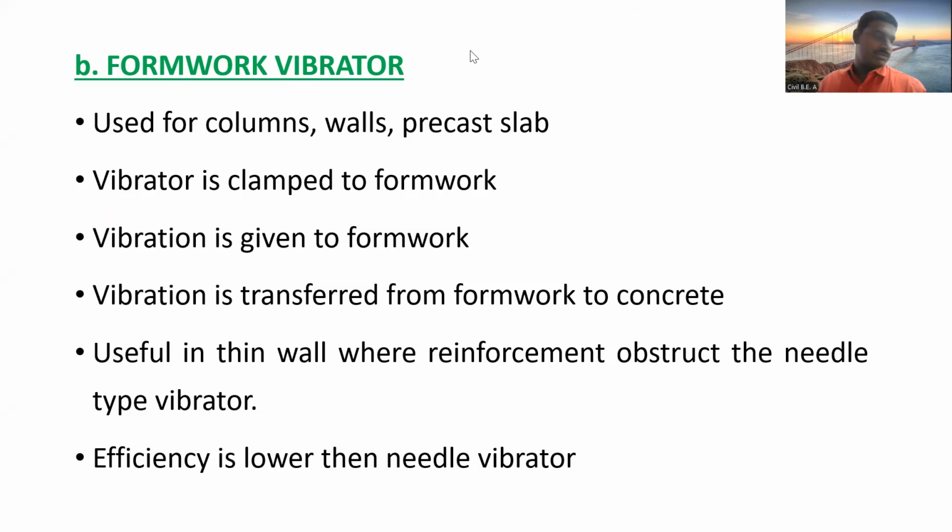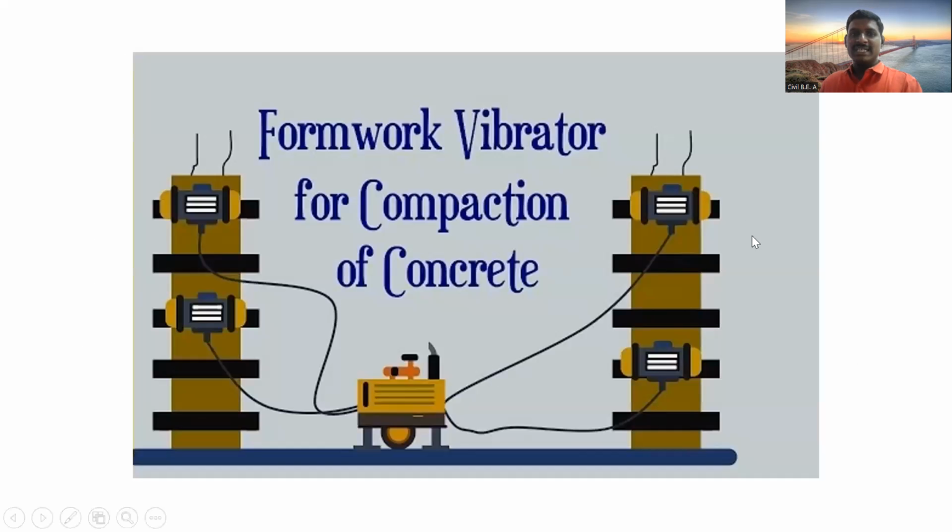That vibrator we use for columns, walls, and precast slabs. And we place that vibrator on the formwork. So if you see, I will show the sketch. See, these are the columns. Are you seeing?